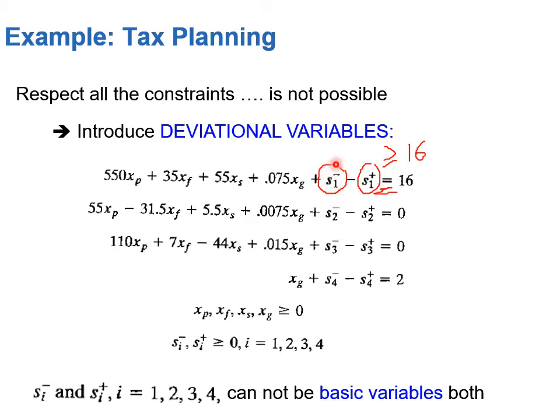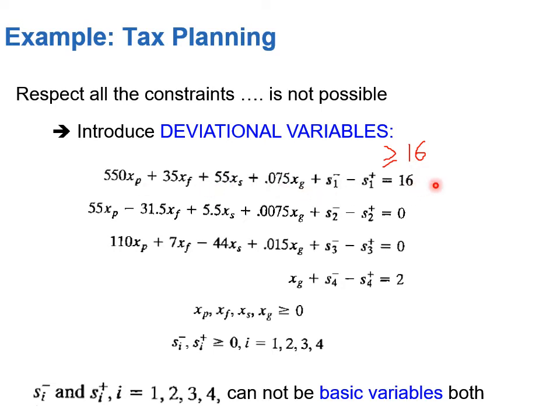For example, S1 minus is the negative deviation from the target. And this is S1 plus, the positive deviation from the target. This 16 is our target, our goal. So by defining these S1 minus and S1 plus, they are variables. You see, they are here as variables.